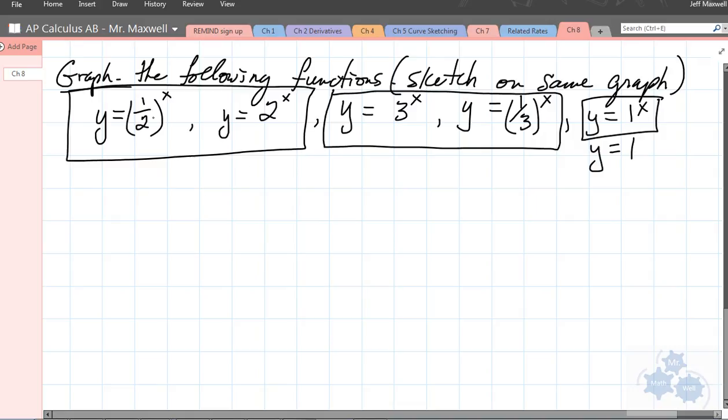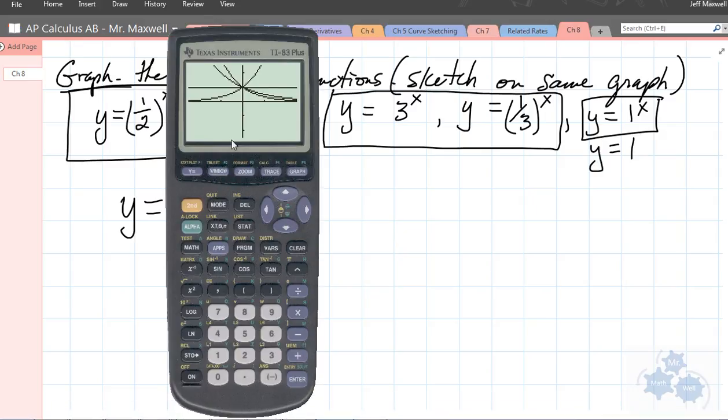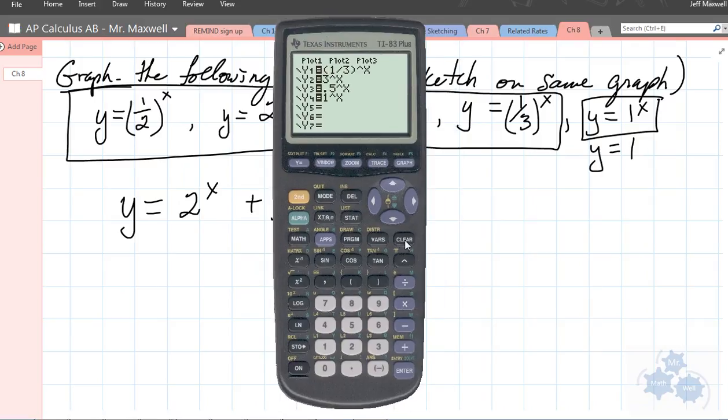Okay. Now, let me see here. Oh, okay. Well, let's do this one. What is y equals 2 to the power of x plus 3? What does that one look like? And if you have that already up on your graph, you can just maybe adjust that a little bit. Do I have that one here? No. So I'm going to clear these off.